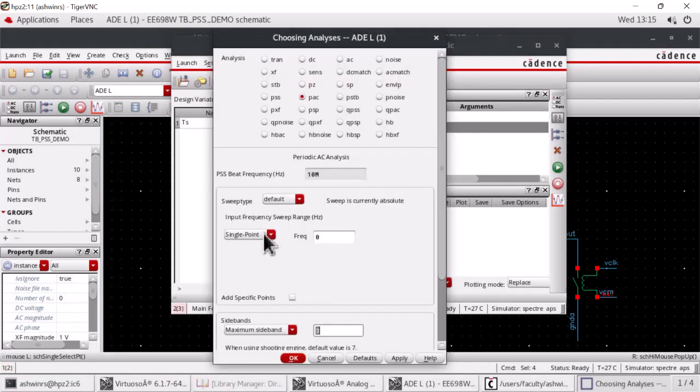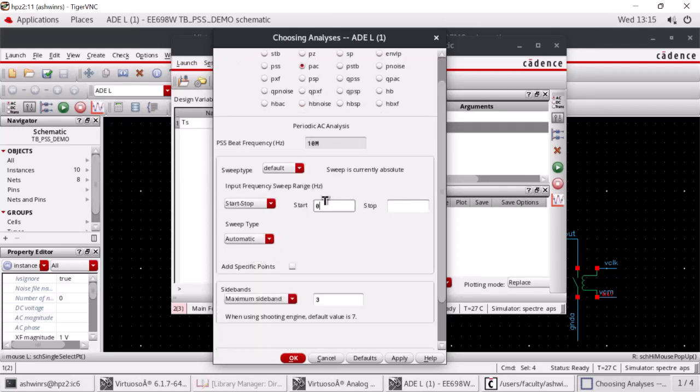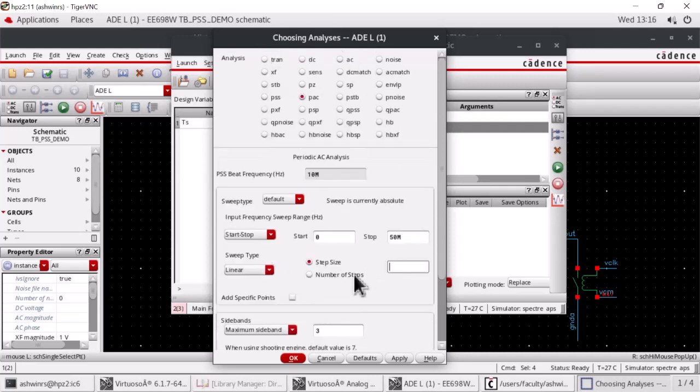Instead of giving a single point for the frequency, you give a start to stop. Let's say I start from 0 Hz to 50 megahertz, that's basically 5 Fs. I am sweeping the input frequency from 0 to 5 Fs and seeing how it's getting translated at the output at the same frequency. Here I specify linear sweep, and I'll step it at every 1 kilohertz so that you have a smooth plot.